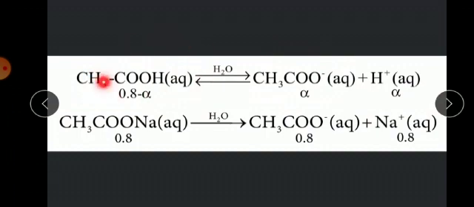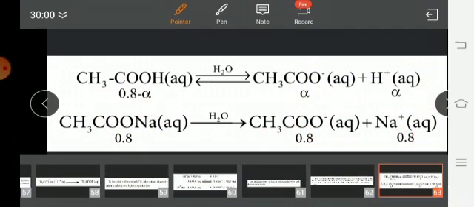So for CH3COOH we can assume 0.8 minus alpha, and alpha as well as alpha for the products. And sodium acetate CH3COONa gives CH3COO minus aqueous and Na plus aqueous. Its value is 0.8, again 0.8, 0.8.